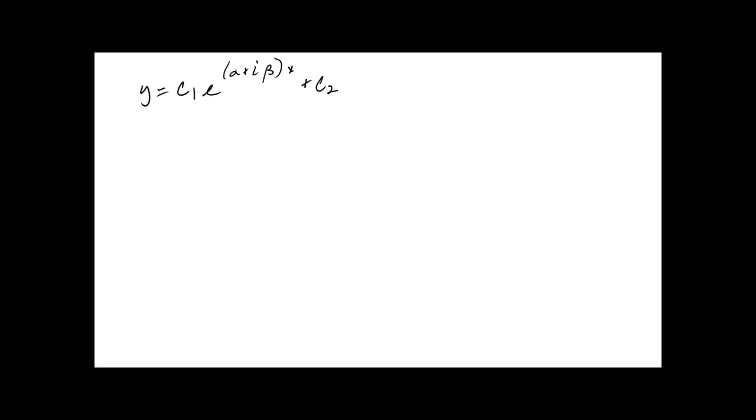They're all real coefficients. So the second would be C2 e to the alpha minus beta I x. Okay. Now, remember, if they were two distinct real roots, then this is just a number, that's a different number.